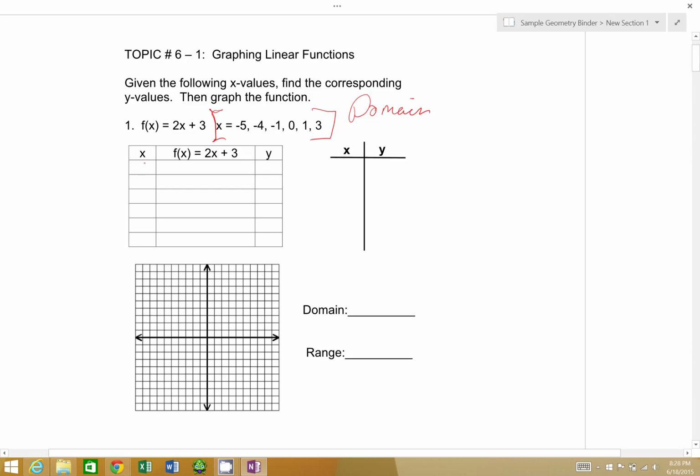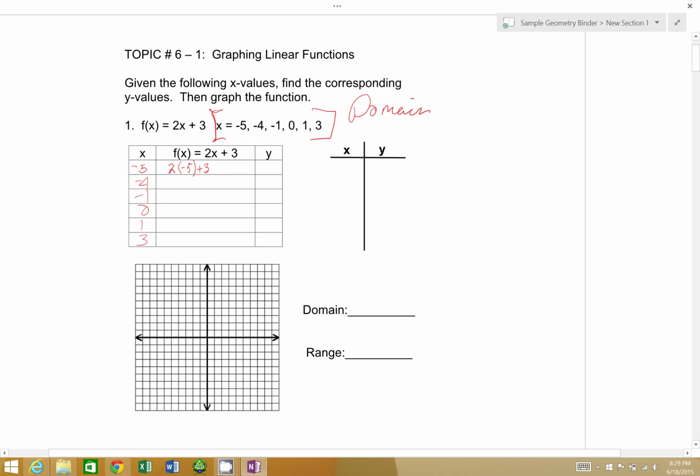So what I'm going to basically do is plug in here in my chart -5, -4, -1, 0, 1, and 3. Now in each of these I need to do some basic arithmetic. So I have 2, I plug each one in just like we learned to do yesterday. 2 times -5 plus 3.